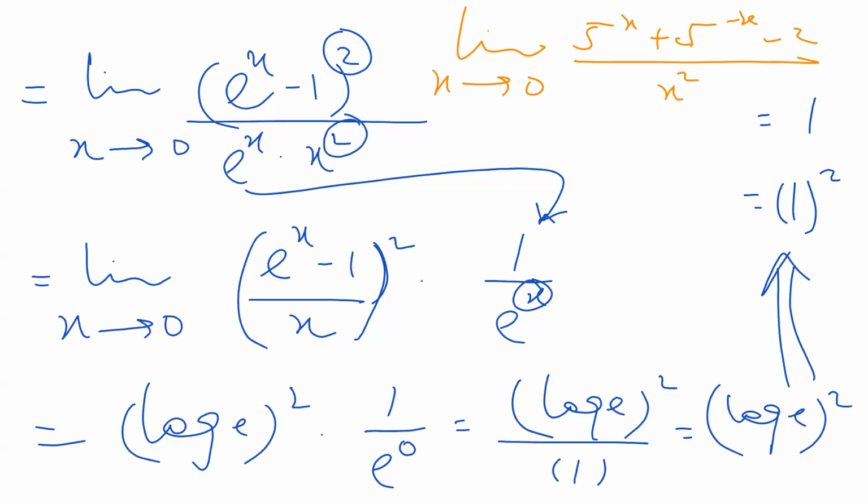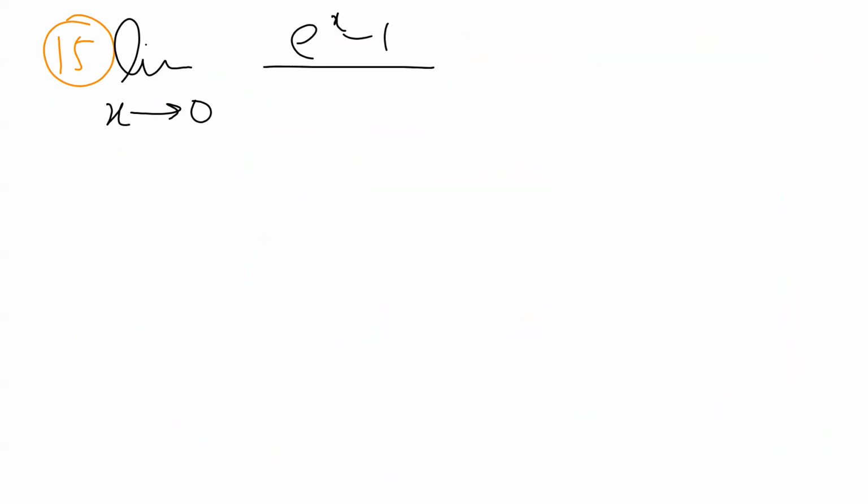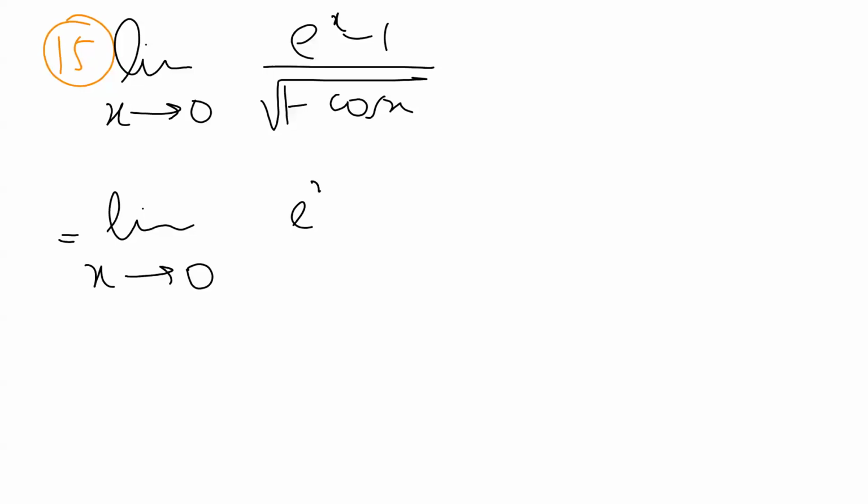Question number 15. Limit x approaching 0. There is a correction in the problem. It should be x approaching 0 in the worksheet. One plus cos, one minus cos.